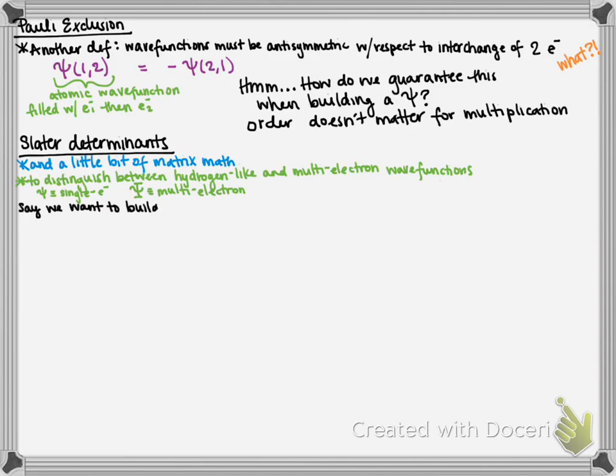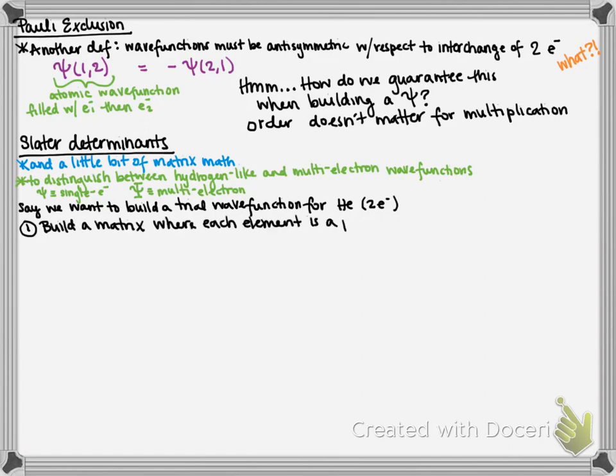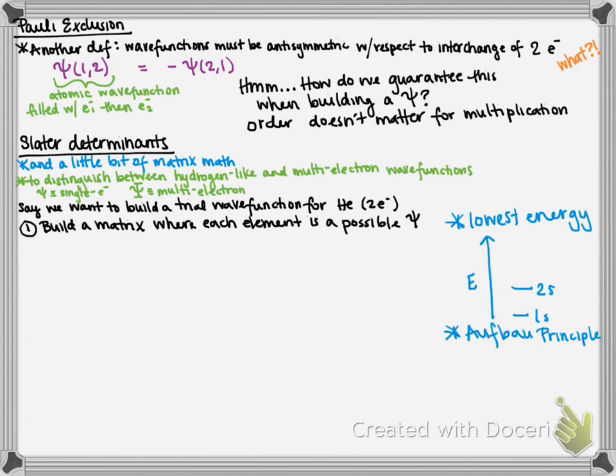Say we want to build a trial wave function for helium, which only has 2 electrons. The very first thing we're going to do, according to Slater, is build a matrix where each element is a possible single electron wave function. We're going to base those single electron wave functions on our hydrogen wave functions because we know those solutions already.